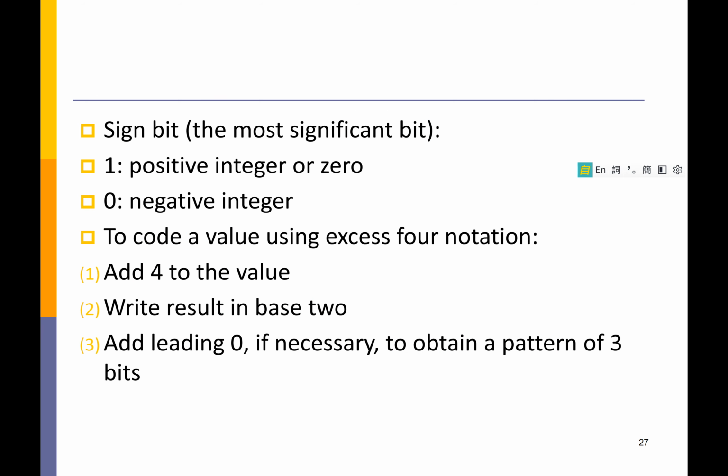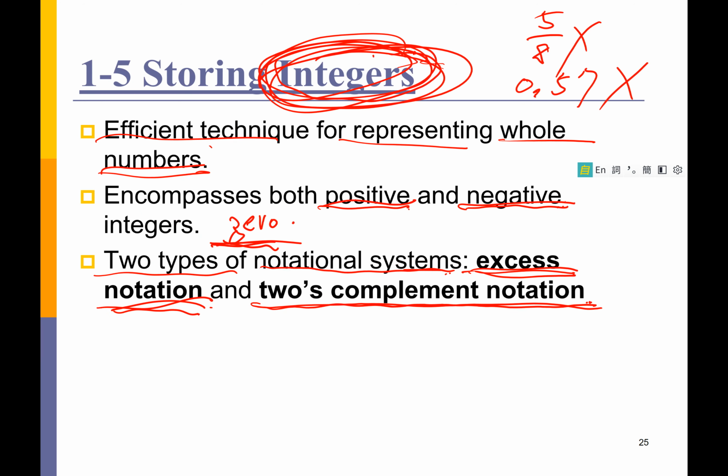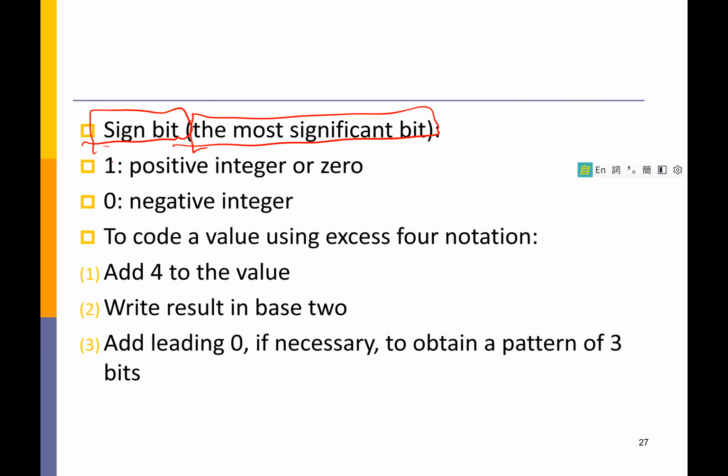Okay, that's clear. So in SS notation, the first bit we call the sign bit, which is the most significant bit, the bit on the leftmost.